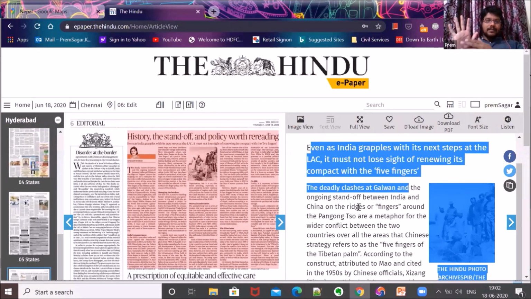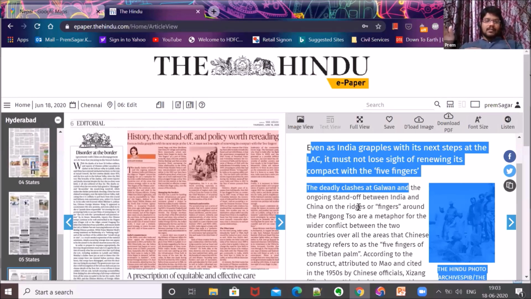So to oppose this palm and five finger strategy, India proposed a three finger strategy or three pronged strategy. So what is it? The first strategy is to improve your governance and border infrastructure in all the states that are on the borders.